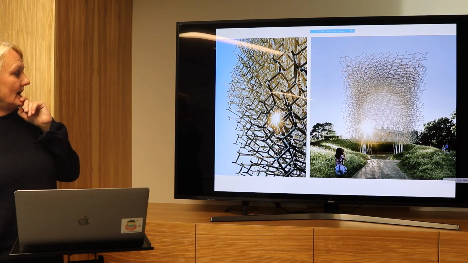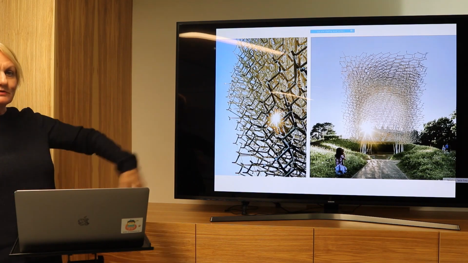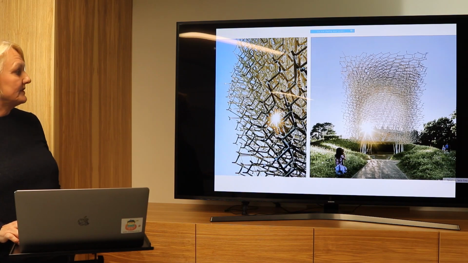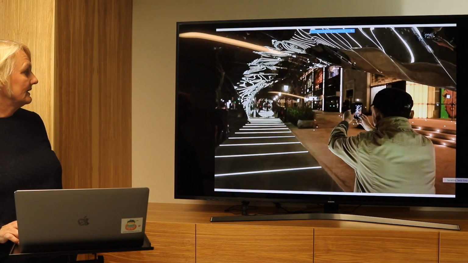You're coming in on an elevated ramp into the spherical central space, and as you stand there you get very, very ethereal experiences and the sounds of the bees buzzing from the hives elsewhere in Kew Gardens. This was also shown at the Milan earlier than this, but this is the permanent installation.